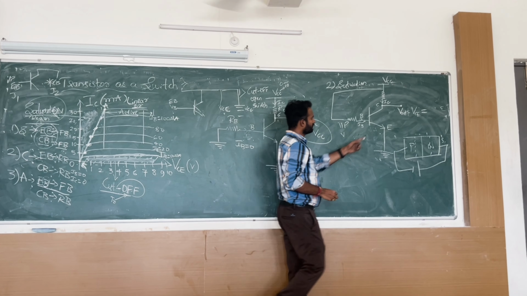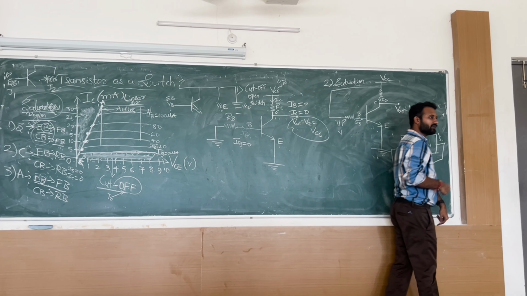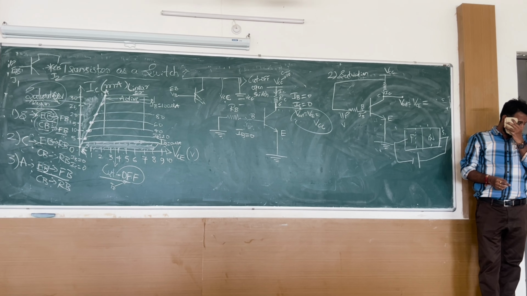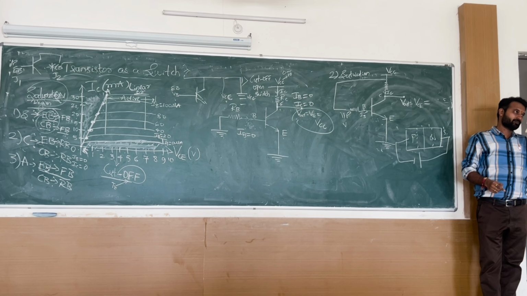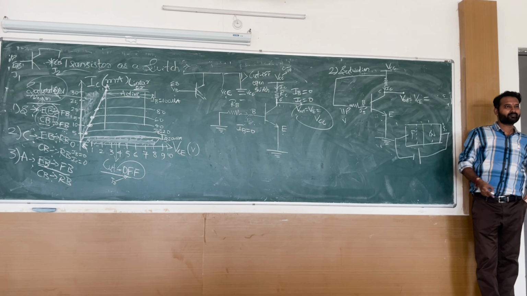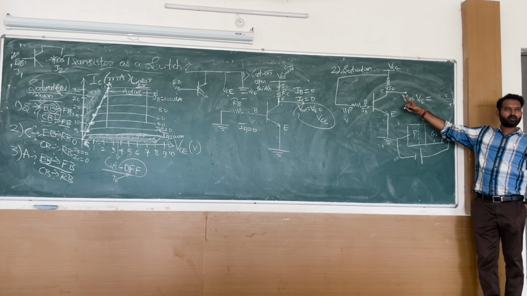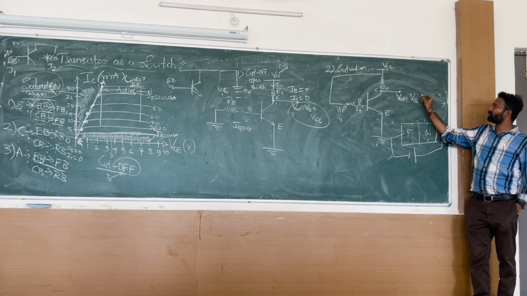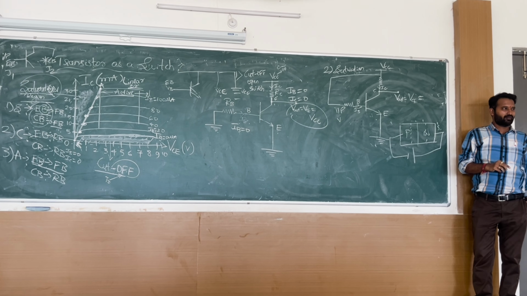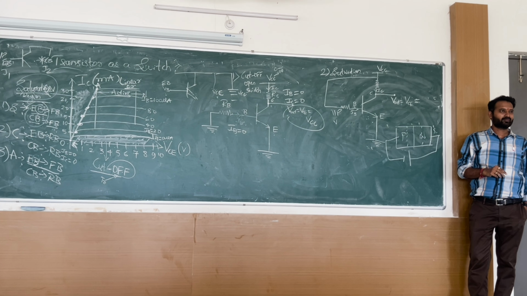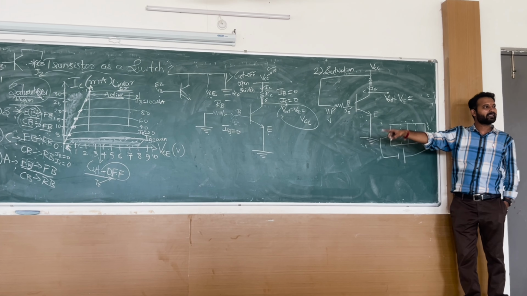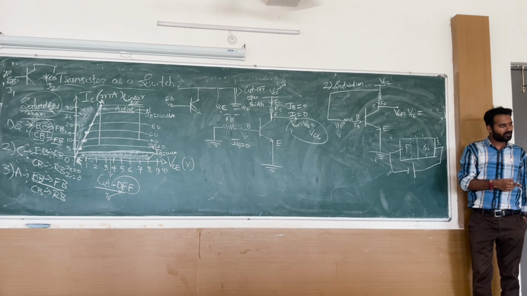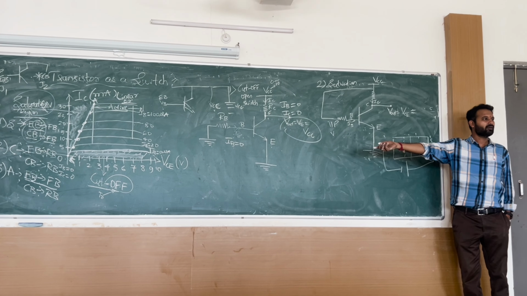Now my question is, what is Vout is equal to VCE is equal to how much? The answer is available in the graph. What is Vout? Output voltage is equal to VCE, the collector to emitter voltage. In that space, what is VCE? 0.